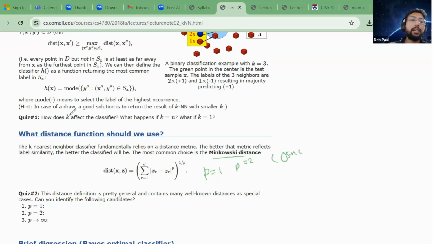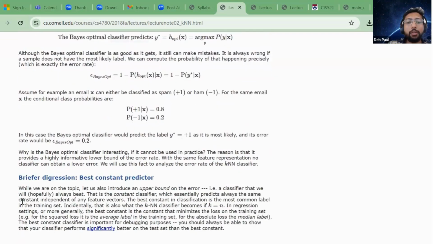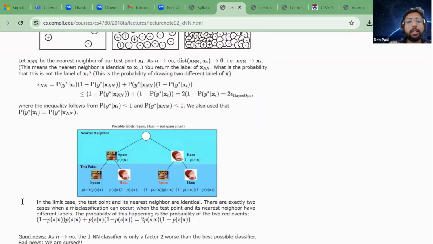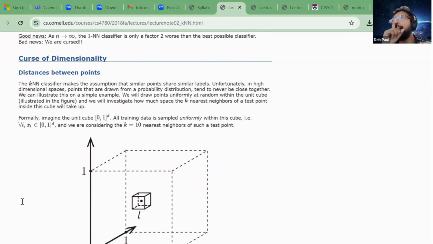But my intention here is not to cover this, but to cover one very fundamental principle in machine learning, which is called the curse of dimensionality. I'll go to this directly. One of the things all of you should understand is that today we are in a deep learning world where our features are very large.